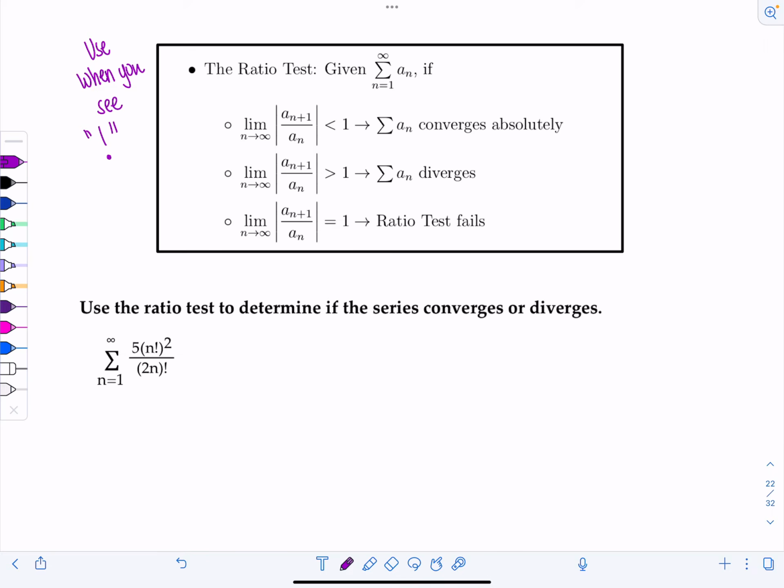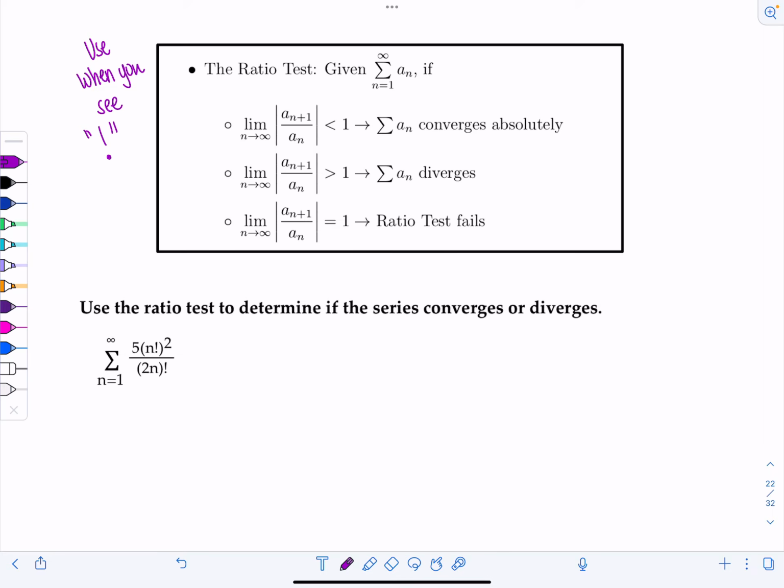It means something else. Okay, so given the sum n equals 1 to infinity of a_n, if the limit as n goes to infinity of the absolute value of a_(n+1) over a_n is less than 1, then the sum of a_n converges absolutely. If that limit's greater than 1, the sum of a_n diverges.